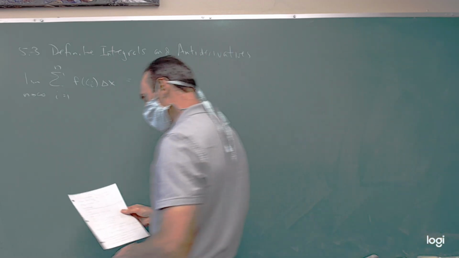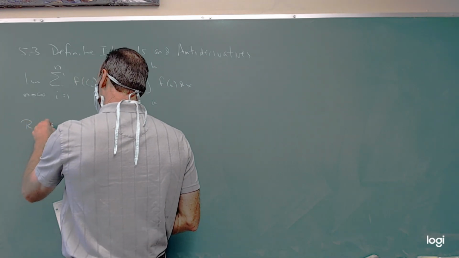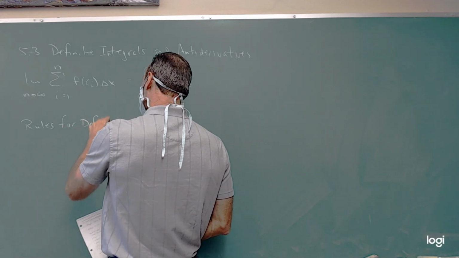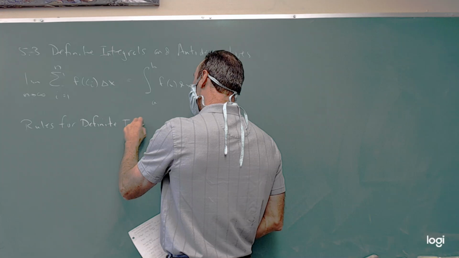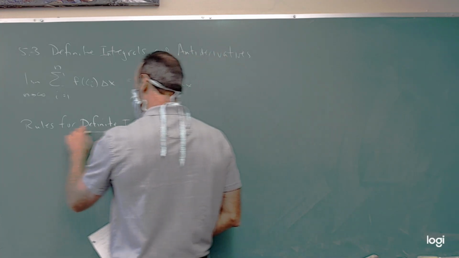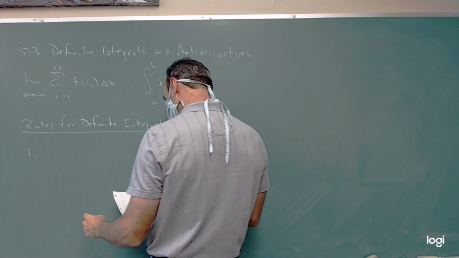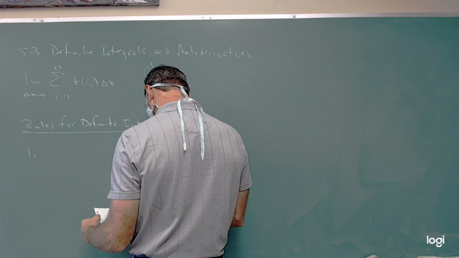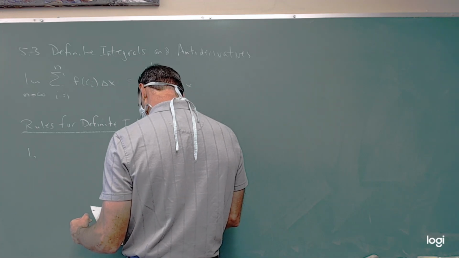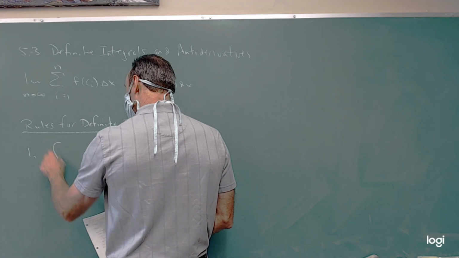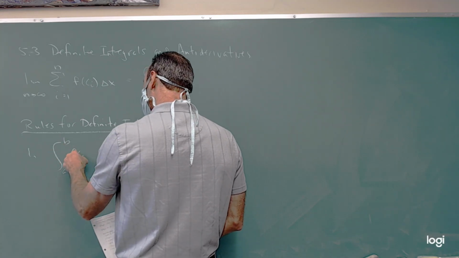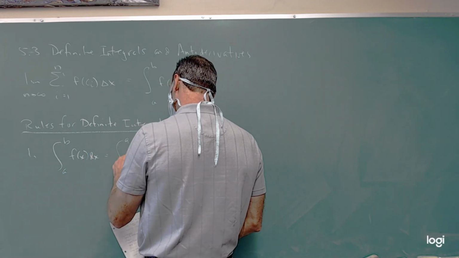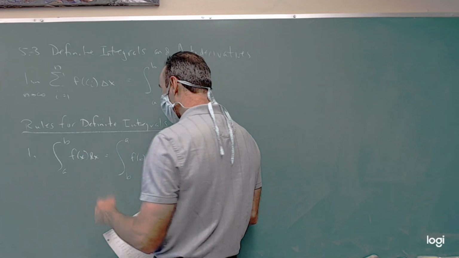Okay, so the rules for definite integrals, and these rules all come back to the way this definite integral is defined. One is that for the integral from a to b of f of x, if we switch the order and go from b to a, then how does that affect the integral?